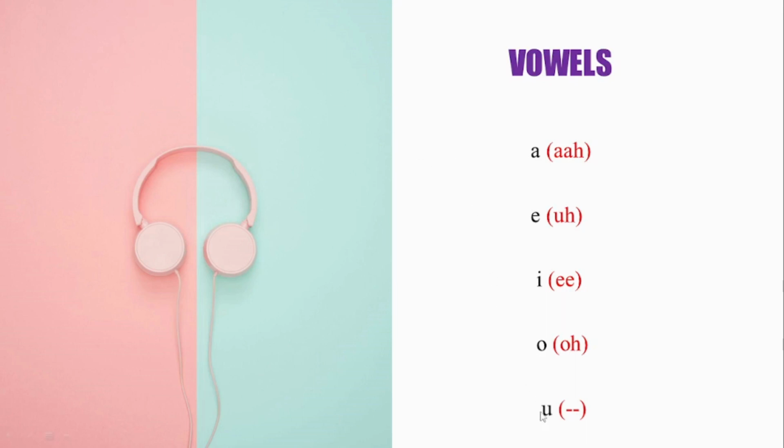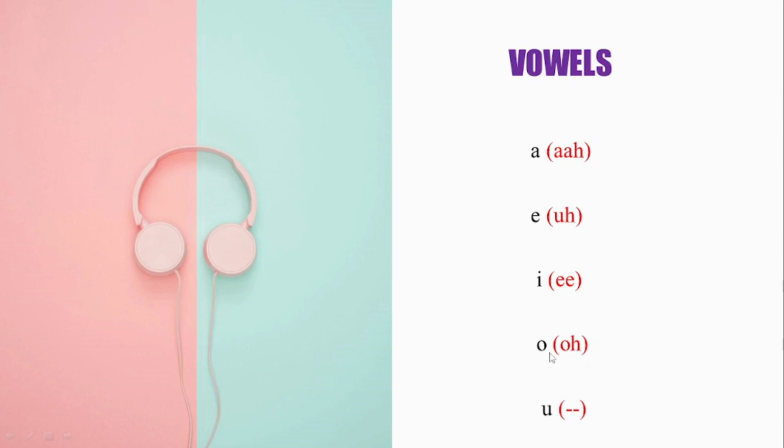The sound of this vowel, U, does not exist in the English language. That sound doesn't exist in English, so you're going to have to listen to it frequently, get accustomed to hearing it and practicing it. I can't think of an English equivalent to help you pronounce this particular sound.